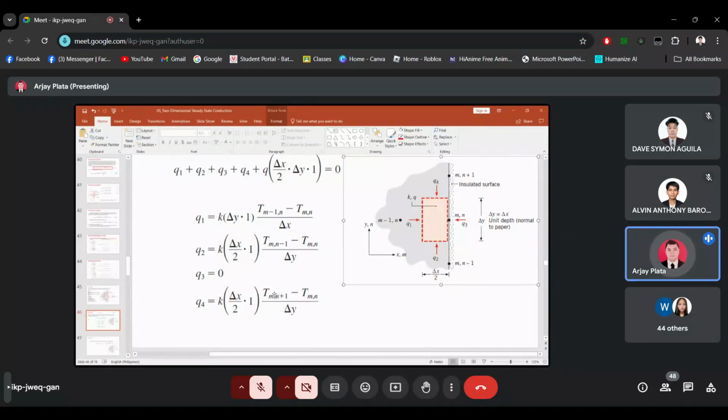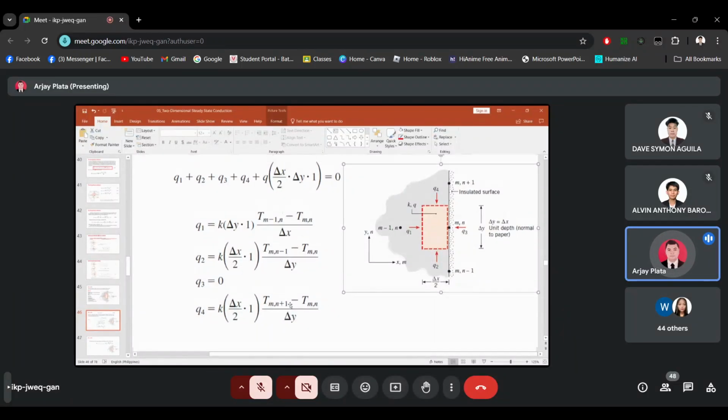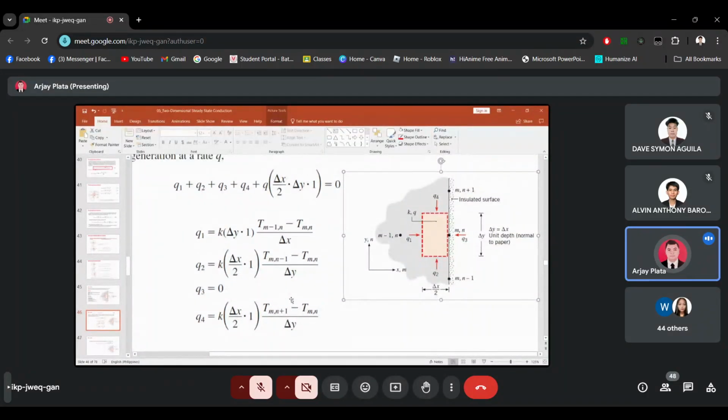So we have T(m,n+1) minus T(m,n) as our delta T over delta y. When we have all these equations, we can add them to obtain the temperature distribution equation. Just add these four equations and include the equation for the heat generated.